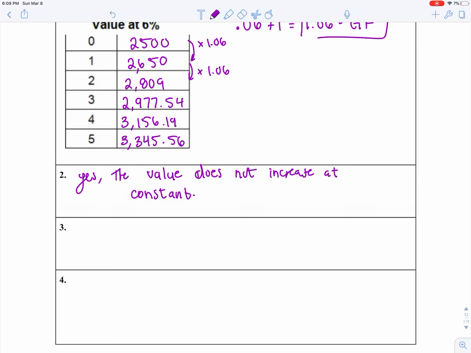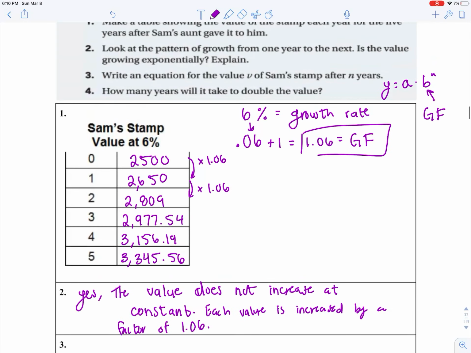Right, we can use the fact that it's not linear to prove that it's exponential for right now, right? I mean, what else could we add to this? We could say each value is increased by a factor of 1.06. Okay, so that works as well.